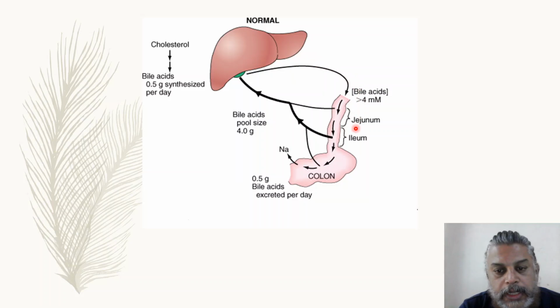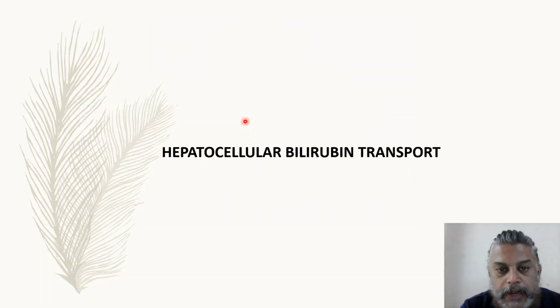This is known as enterohepatic circulation of bile salts, and almost 500 milligrams of bile is excreted per day in the feces, and a similar amount of 500 milligrams is synthesized from cholesterol in the liver to keep this bile acid pool constant at 4 grams.